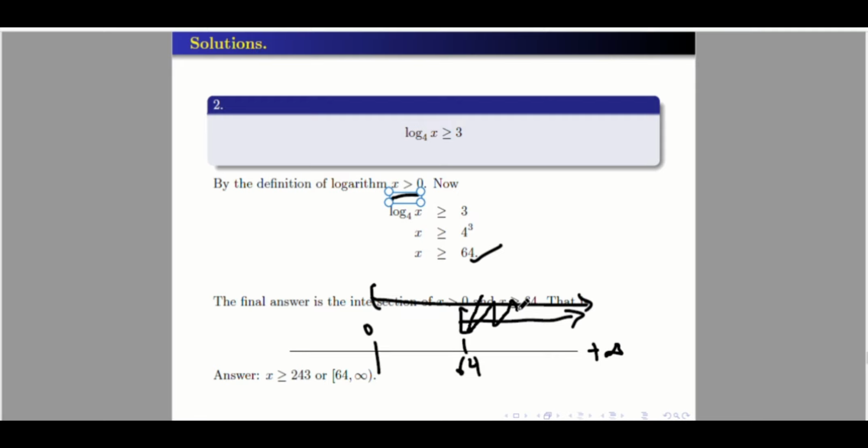Of course, we can clearly see that it is this one. So their intersection is from 64 to positive infinity, or basically this is just equal to x greater than or equal to 64.